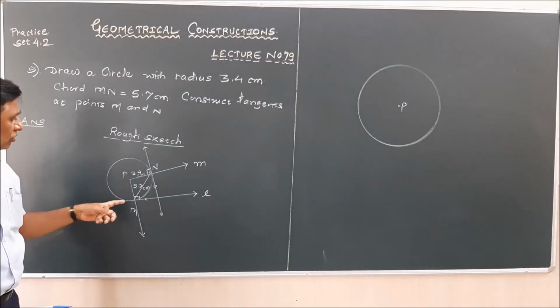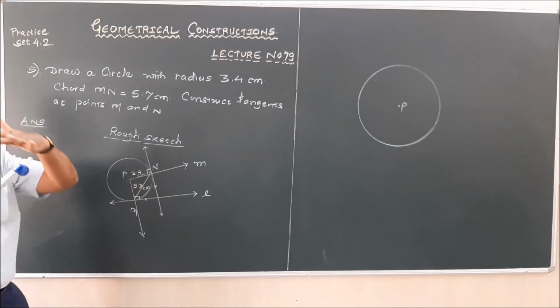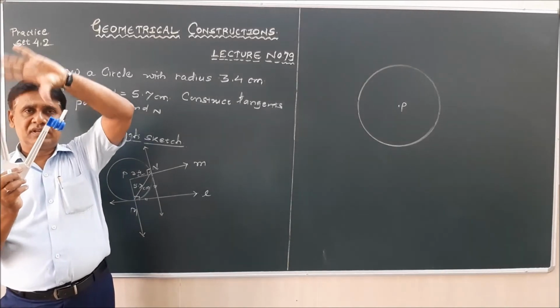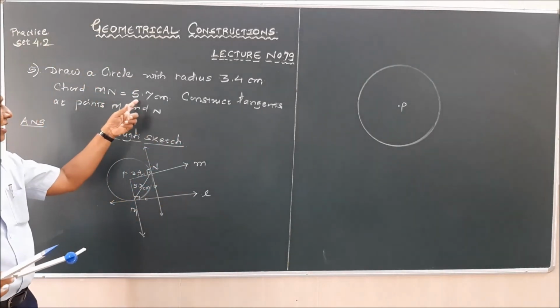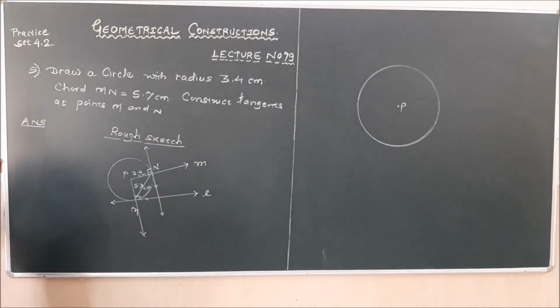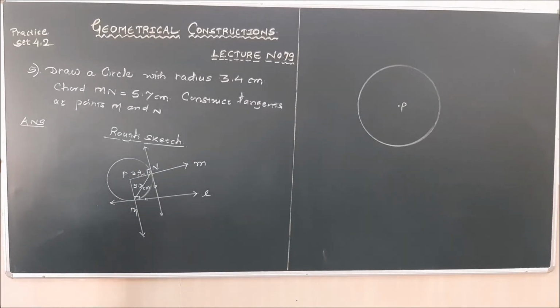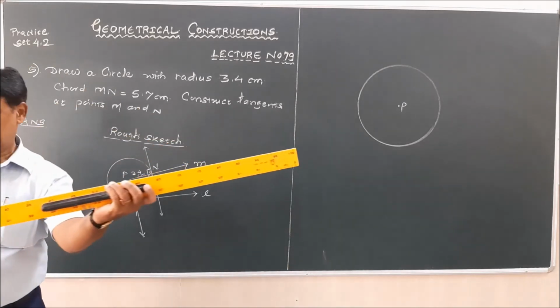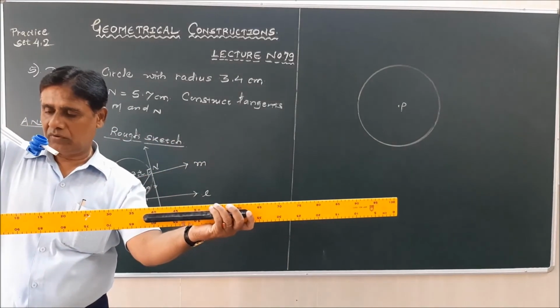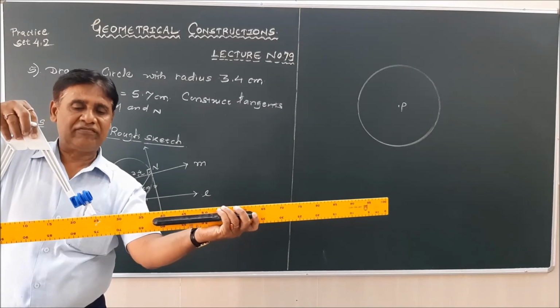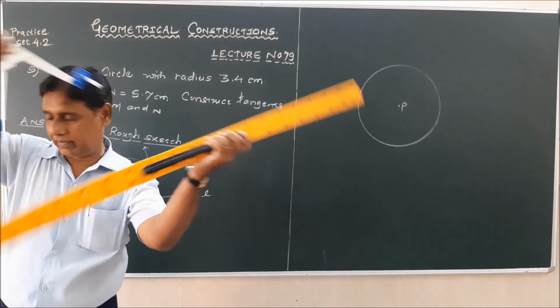Now, next step is what? To draw an arc, you have to take a distance. Distance of 5.7. Again from 0 till 5.7 this way.